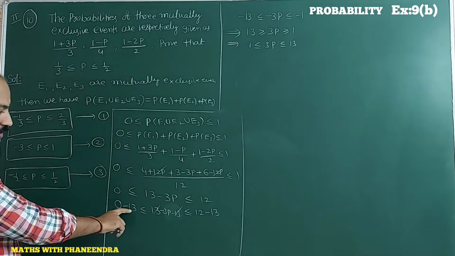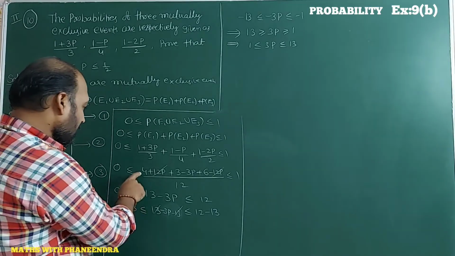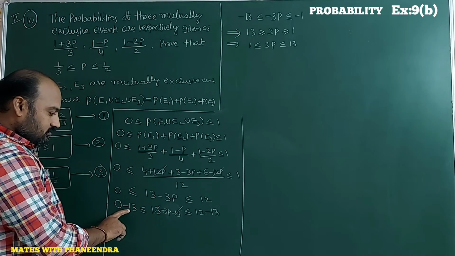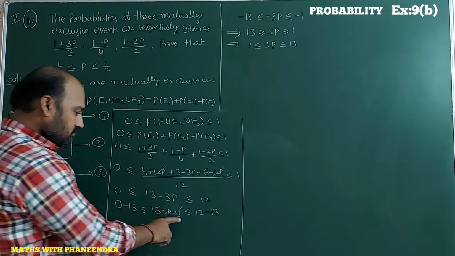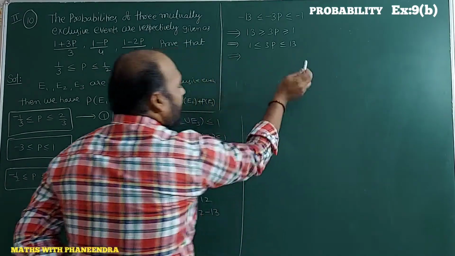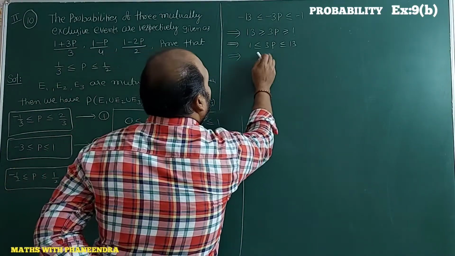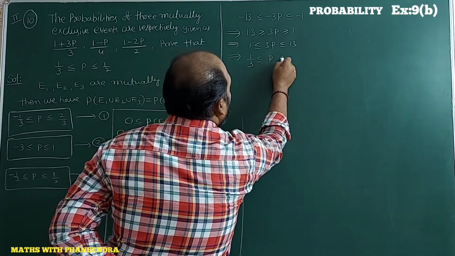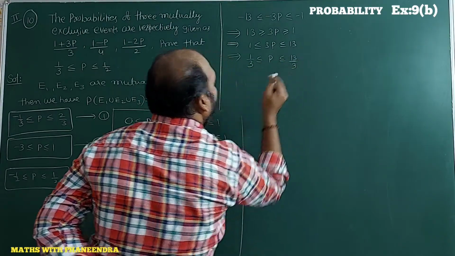So here minus 1 by 13. 13, yes. Dividing by 13. Sorry, dividing by 3. 1 by 3 is less than or equal to p is less than or equal to 13 by 3.